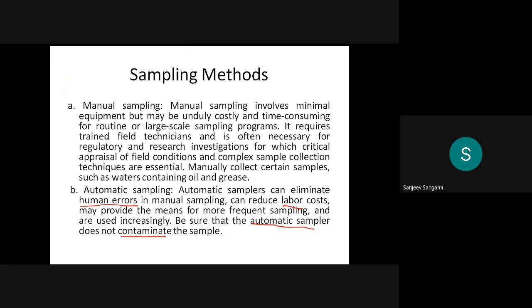You may think the automatic sampler will take the sample up to some depth, but if you increase the depth of the sampling, it sometimes works on the principle of suction. Suppose it is taking from the bottom portion, then you may not get the exact quality of the wastewater or the water which you are sampling.